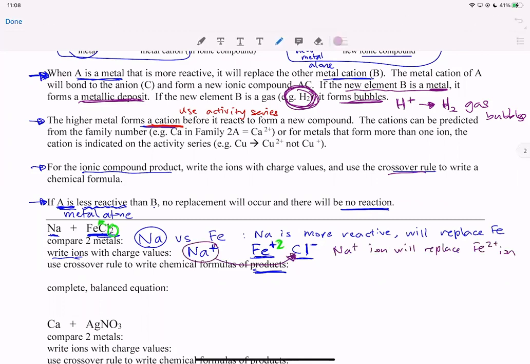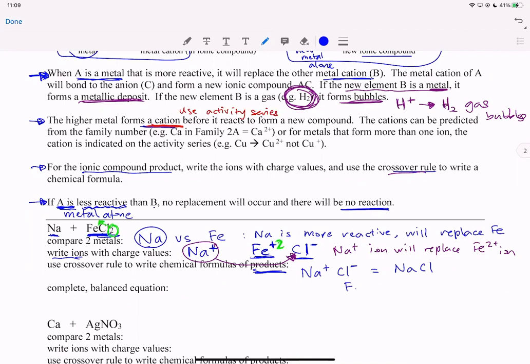And so I'm going to write the chemical formulas by starting with the ions next to each other. This is the new pairing. Then using the crossover rule, you find that the plus signs cancel out and there's no numbers to cross over and down. So that's the chemical formula of the new ionic compound that's formed, NaCl.